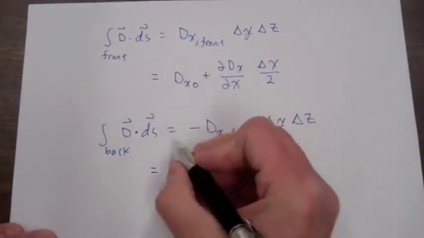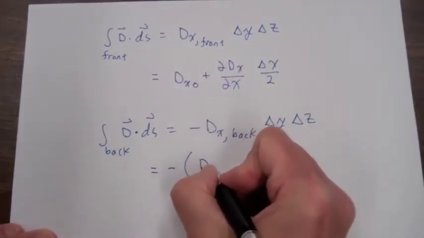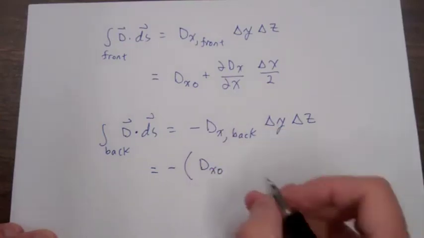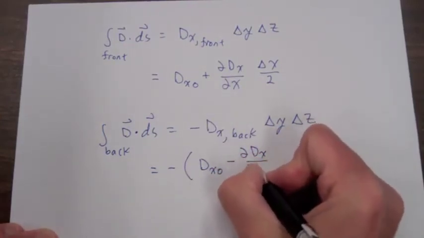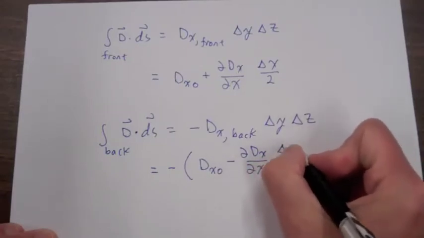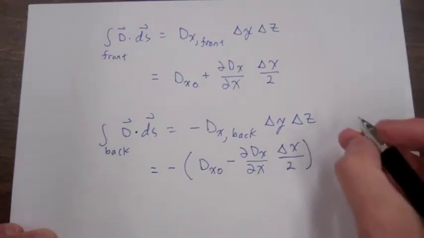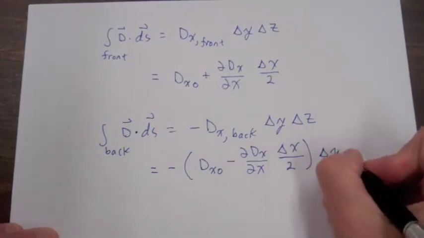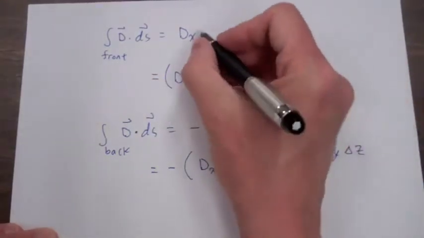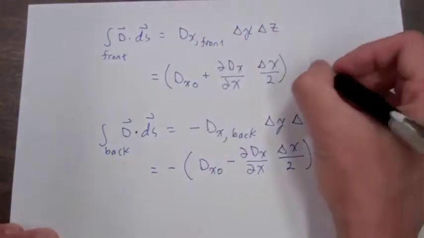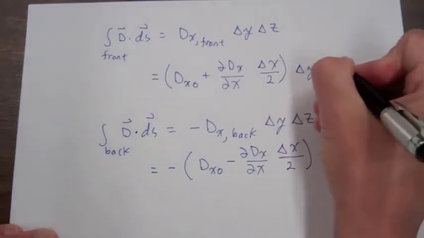So our estimate of d sub x on the back face is the value it has in the center of the cube minus the partial of d sub x with respect to x times the distance from the center of the cube to the back face. And looking back here, this is our estimate of d sub x on the front face, and then we still have it times delta y delta z.